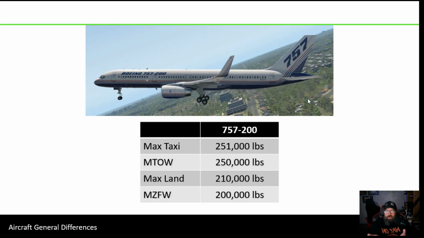The variations are probably going to be maybe 1,000 to 2,000 pounds, but you get the idea of how much different this is compared to a 7.6 that has a max takeoff of somewhere around 412,000 pounds. Again, it fluctuates depending on the aircraft, but 412,000 pounds versus 251,000 pounds. So we can see the difference in the aircraft as far as that goes.